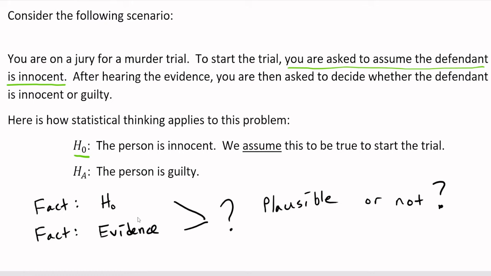Like, what's the chance that could happen? That's stats. That's the idea that we're doing, is that you're taking all of that at once in your head and you're saying, what's the chance that really all of these could be happening? We got all this evidence that's true and the person's actually innocent. So that's this idea of plausible, not plausible, usual, unusual. We've been doing this whole time, okay?